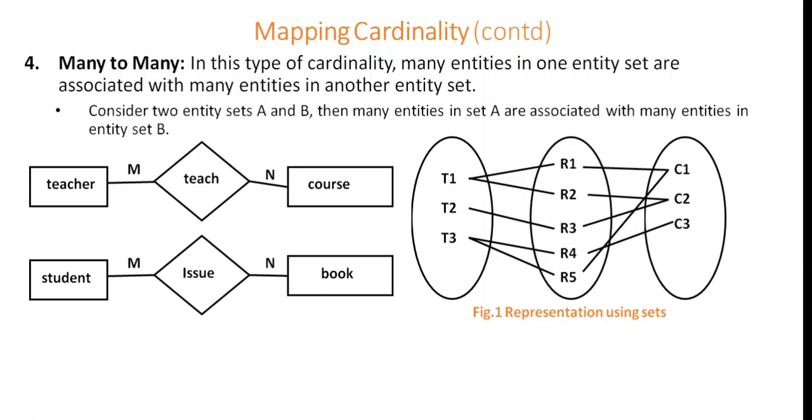Okay, means one entity T1 belongs to many courses and one course belongs to many teachers. And similarly, teacher T1 is teaching C2 and C2 is also taught by teacher T1 and T2. Okay, so this is how many to many mapping cardinality can be shown.